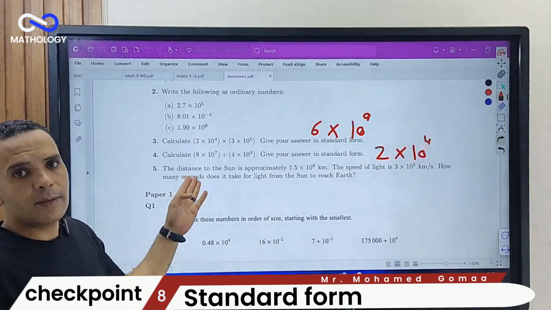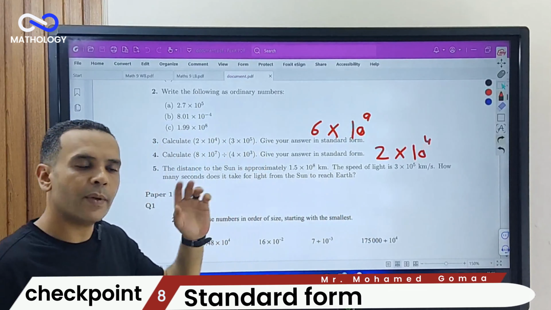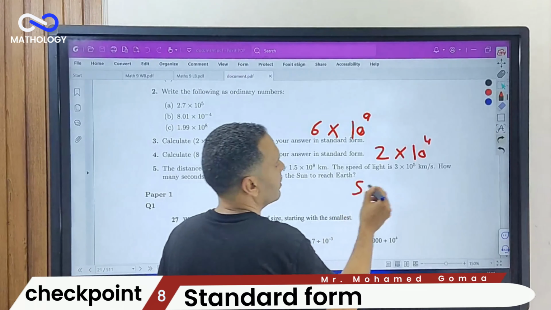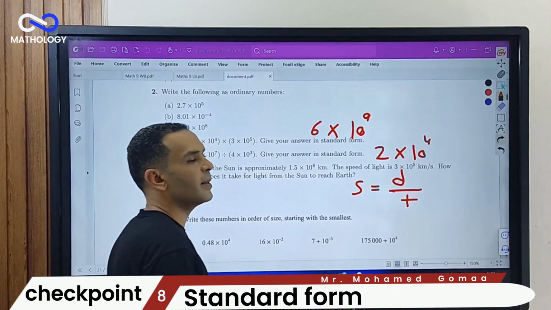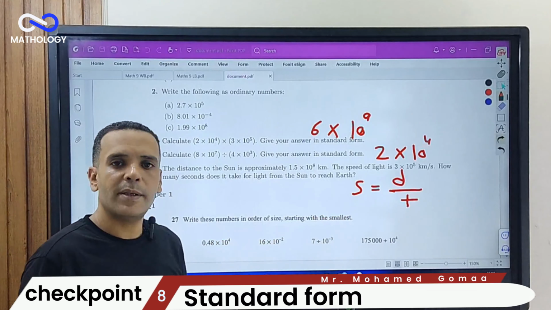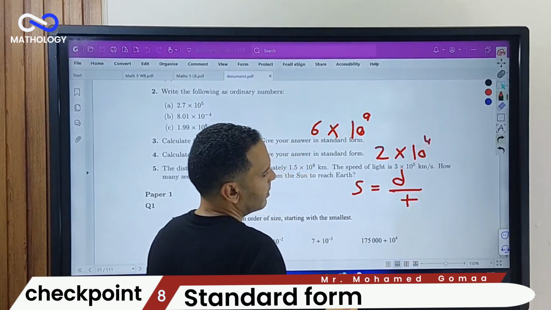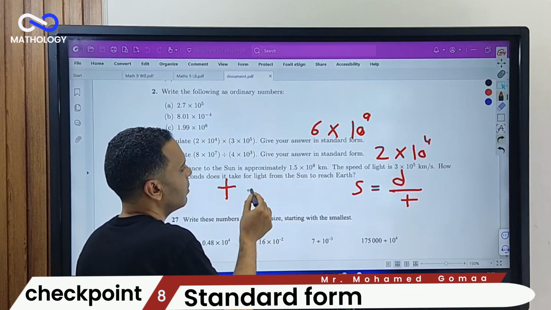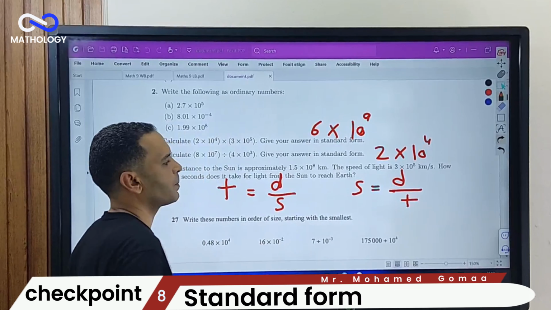We have the distance, we have the speed. Okay? Remember, speed equals distance over time. Distance divided by time equals speed. So if I ask about the time, time will be distance divided by the speed.